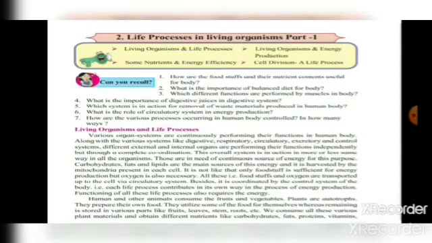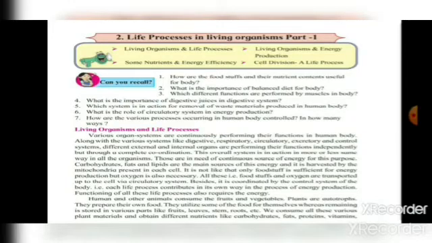After utilizing some for their own needs, the remaining food is stored in the fruits, roots, stem, tubers, leaves, etc. Plant matter is consumed by animals, thus taking the nutrients from them.